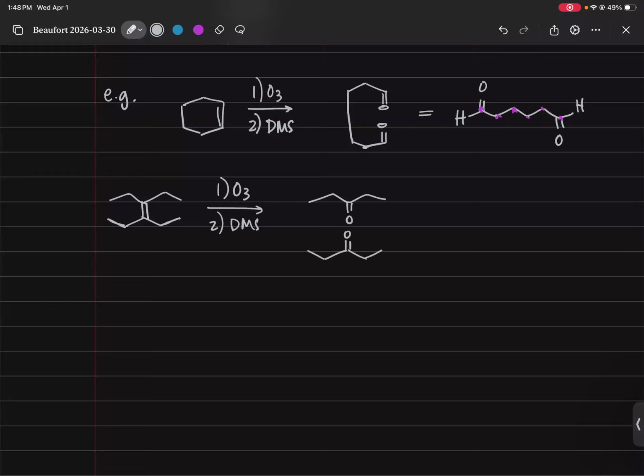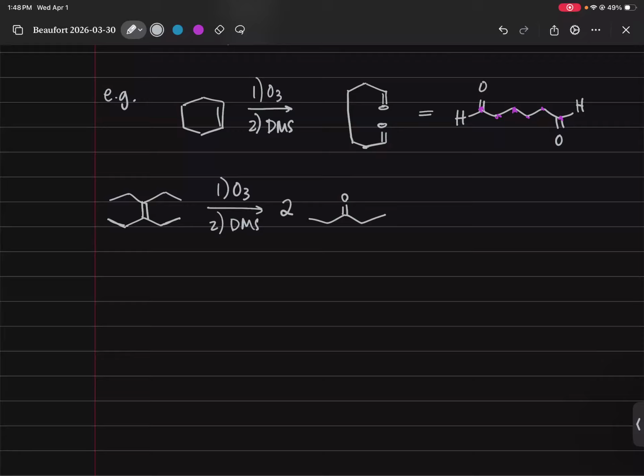What's the relationship between those two molecules? They're the same. So this reaction actually gives you two equivalents of that ketone.